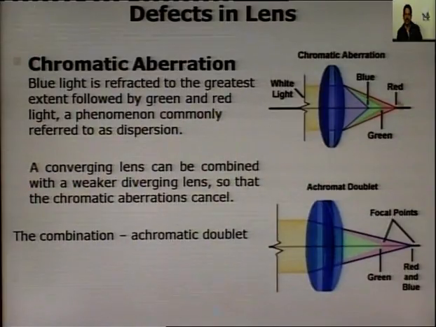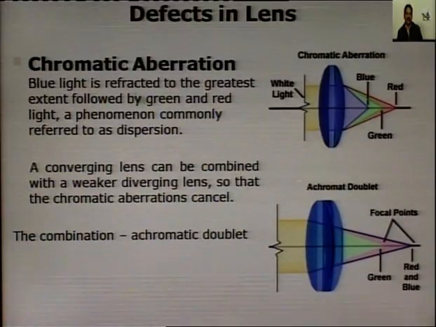If you place a screen over here, you will get central red flanked by the 7 colored spots, and if you place your screen here, you will get central blue flanked by the 7 colors and the outermost being the red. So, as this aberration arises because of the dependence of refractive index on the frequency, we call this chromatic aberration.